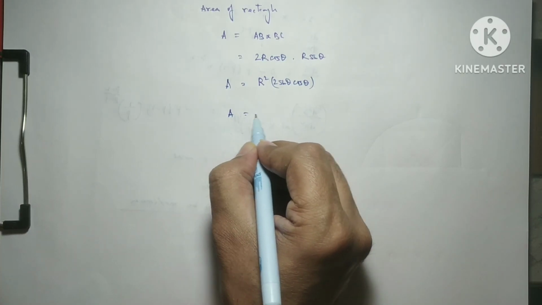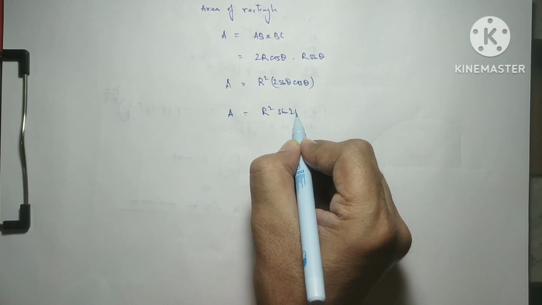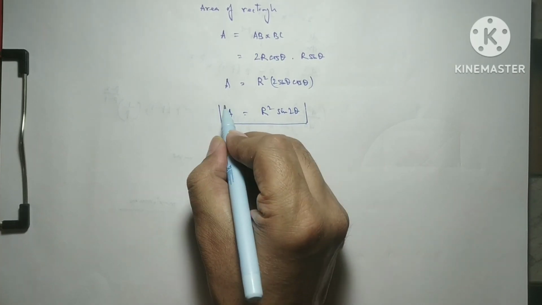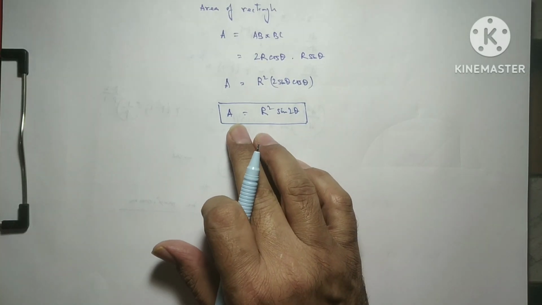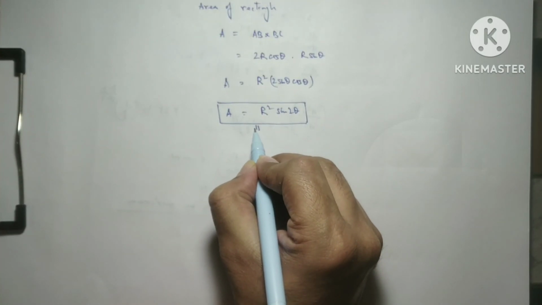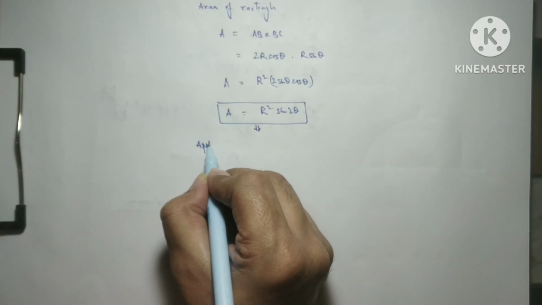So we have r square sin 2 theta. So this is the area expression, and now the requirement is to show it is maximum. For this we will use the second derivative test.